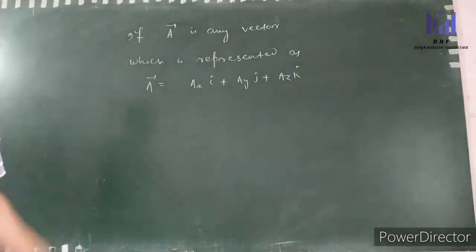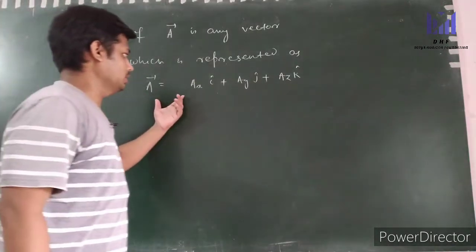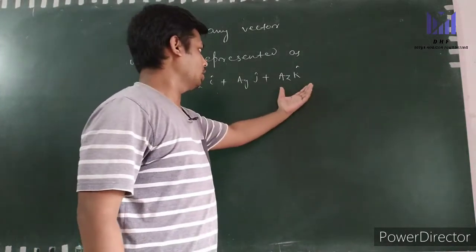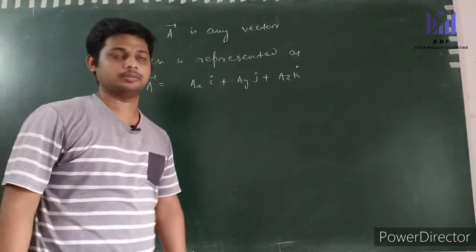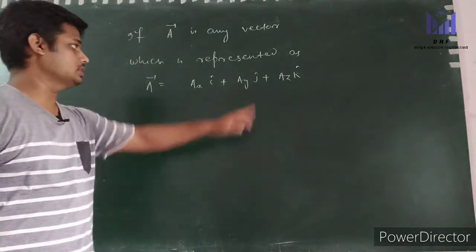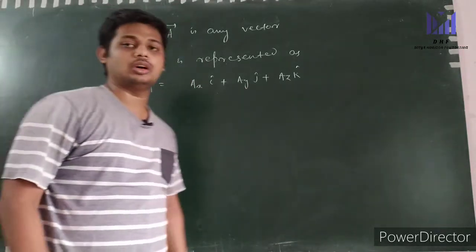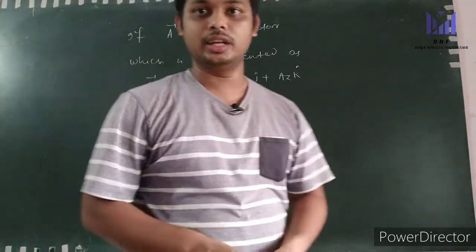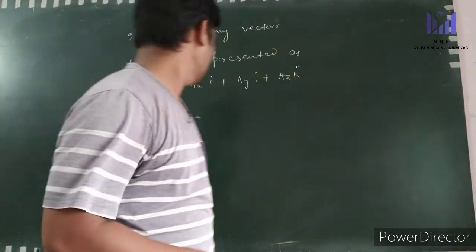So A is a vector represented by three orthogonal components, where ax, ay and az are the components of the vector in the three directions x, y and z.